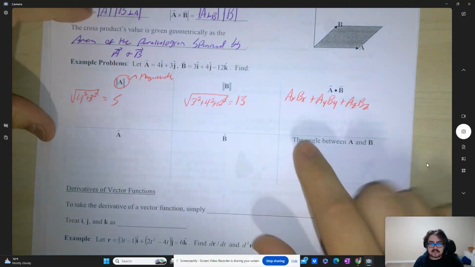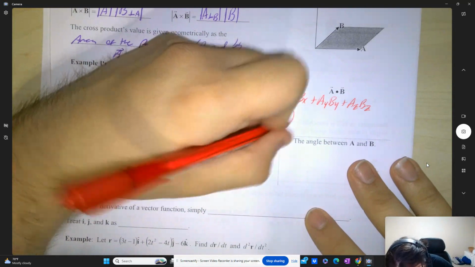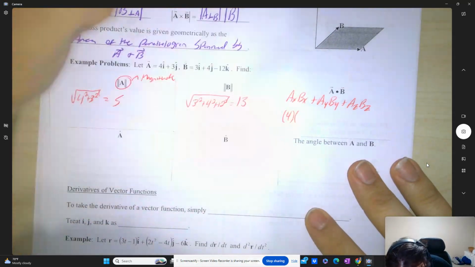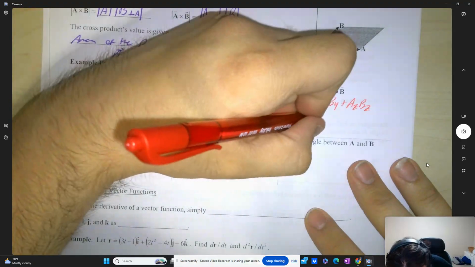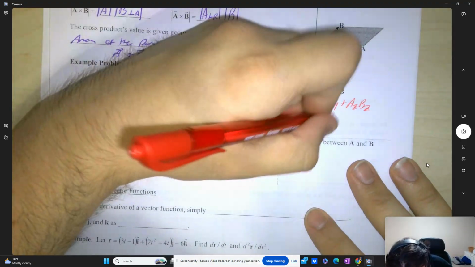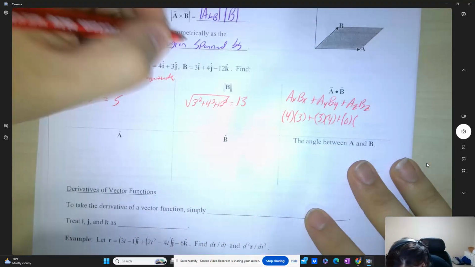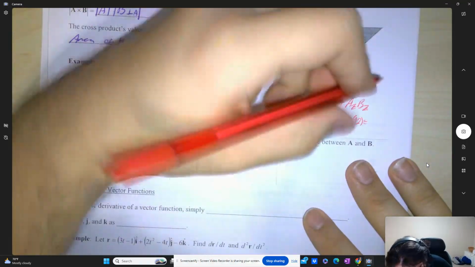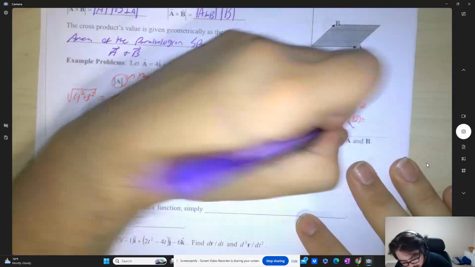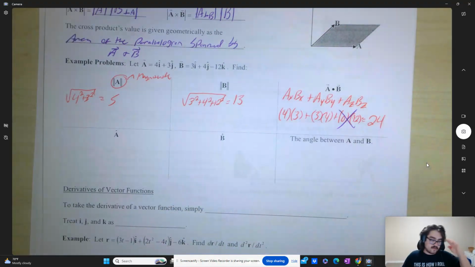So I take the x component of A, which is 4, x component of B, which is 3, add the y component of A, which is 3, y component of B, which is 4, and then the z component of A, which it doesn't have, so it's 0, and the z component of B, which is 12. You would notice this part cancels out because it's 0, and you end up getting 4 times 3 plus 3 times 4, that's 24, because it's 12 plus 12.